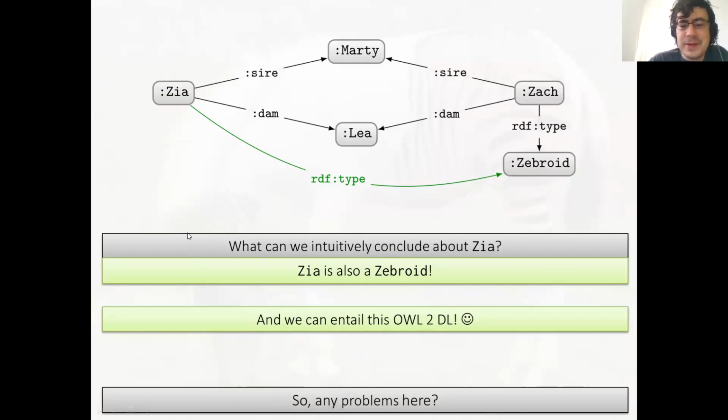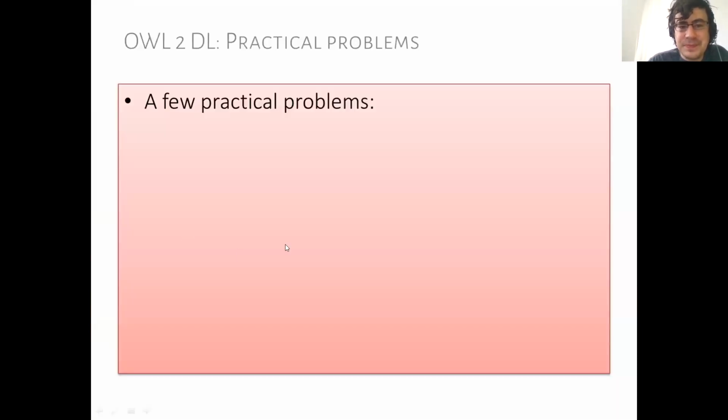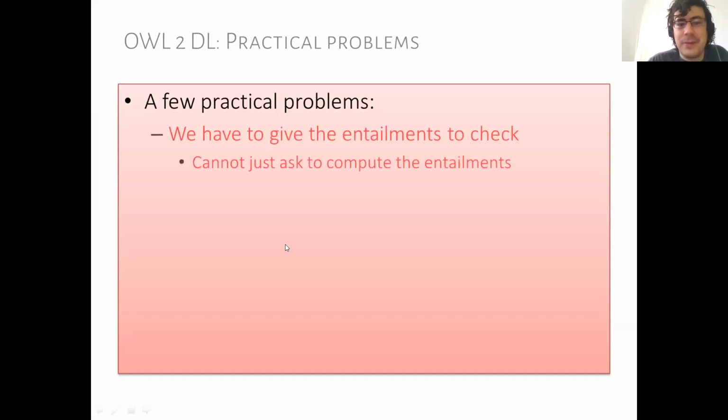So what are the problems with this sort of approach? There are a few practical problems. The first is that here we're assuming that we give the entailments to check. So we cannot just ask to compute the entailments. Well, we can ask, but all the entailments are infinite, so we can never be complete because we can never write down infinite entailments.